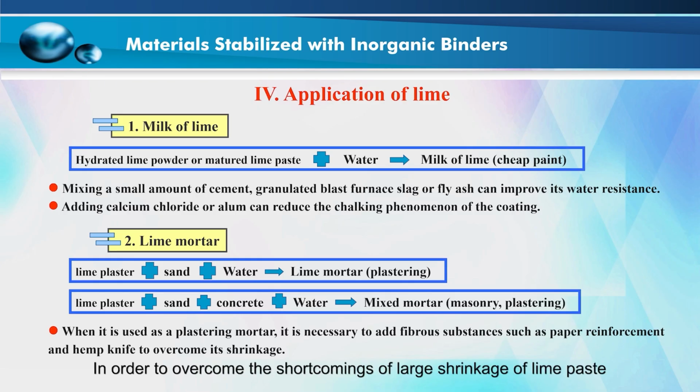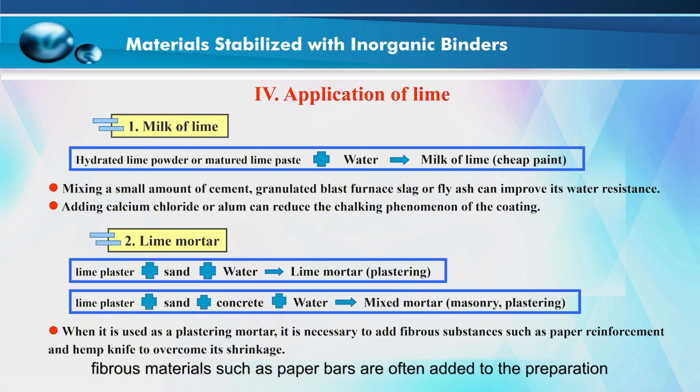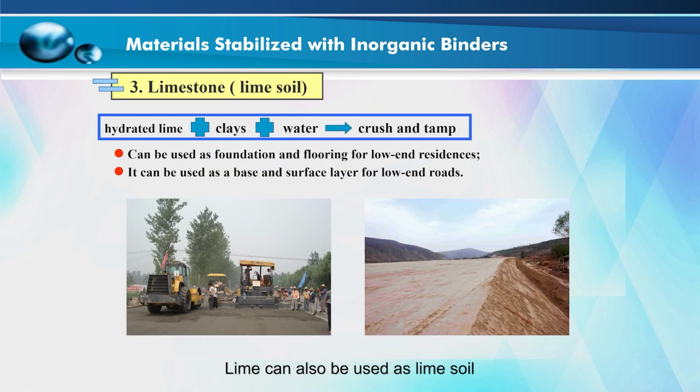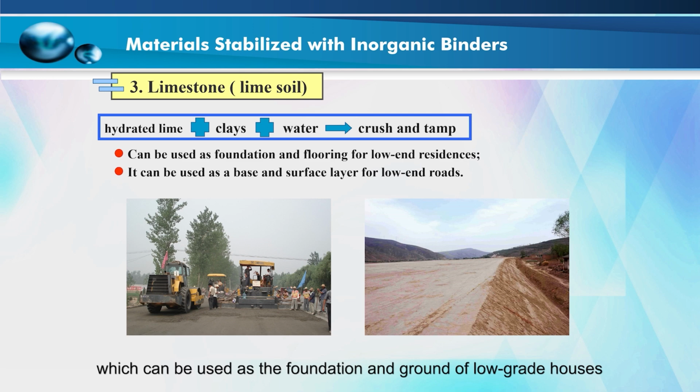In order to overcome the shortcomings of large shrinkage of lime paste, fibrous materials such as paper bars are often added to the preparation. Lime can also be used as lime soil, which can be used as the foundation and ground of low-grade houses, and can also be used as the base and surface of low-grade roads.